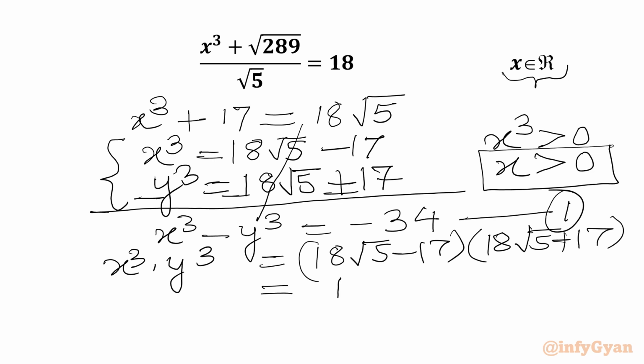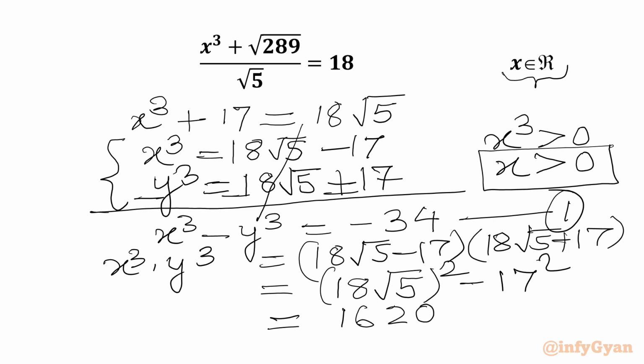We can use the difference of two squares formula. So 18 root 5 whole square minus 17 square. So 324 times 5, 1620 minus 289. This difference will be equal to 1331, which is 11 cube.